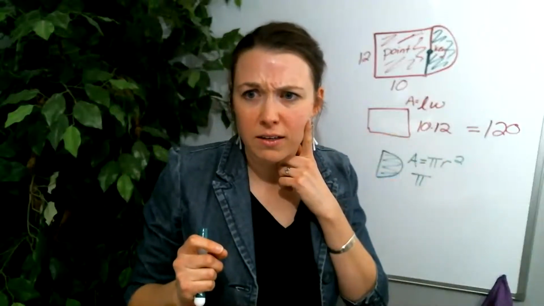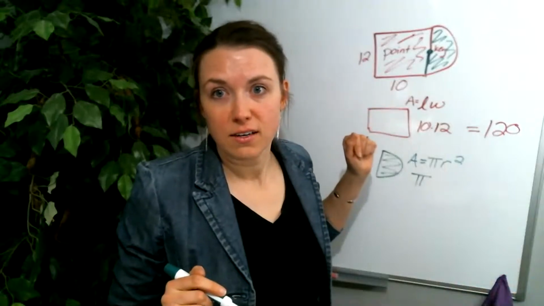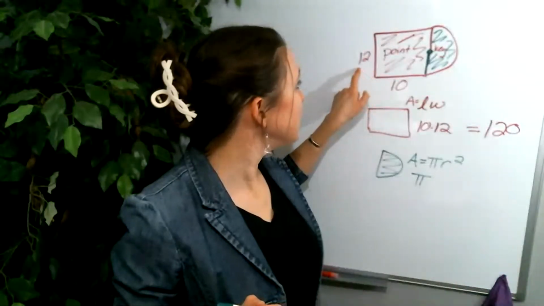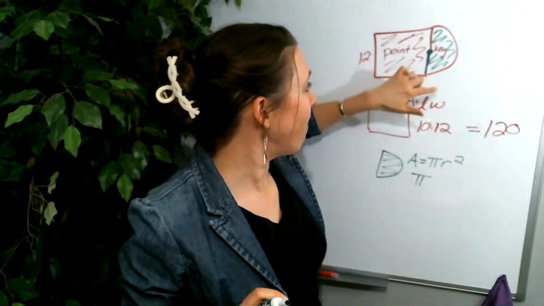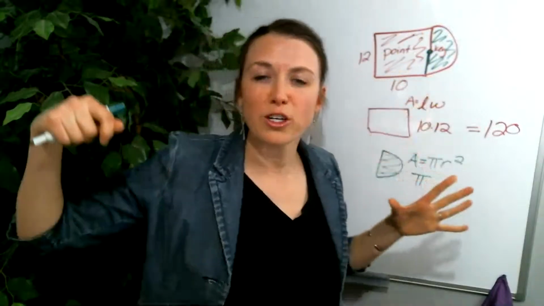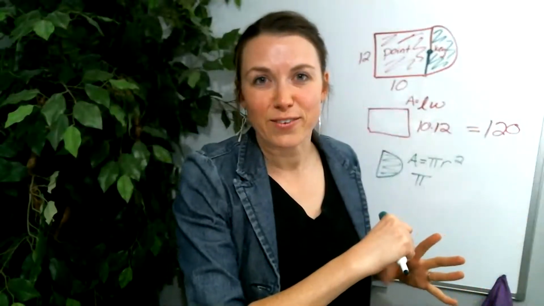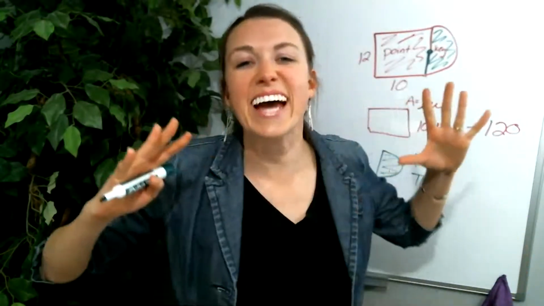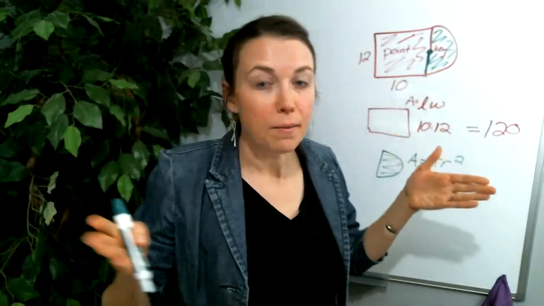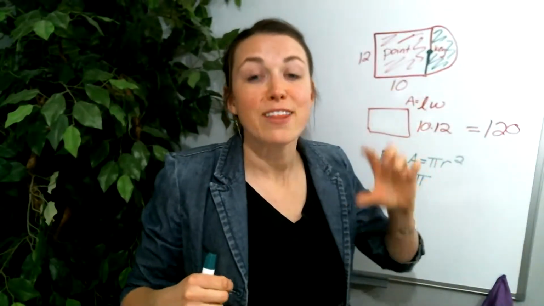But I know you're thinking, Michelle, I don't know the radius, right? I know the diameter, which goes from one side all the way to the other side. Think about when you're cutting a pizza, you go from one side all the way to the other side, right? That's the diameter. But half of that is going to be the radius.